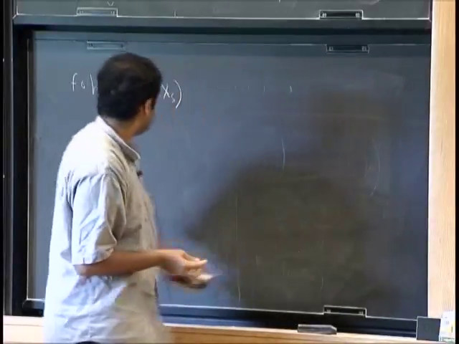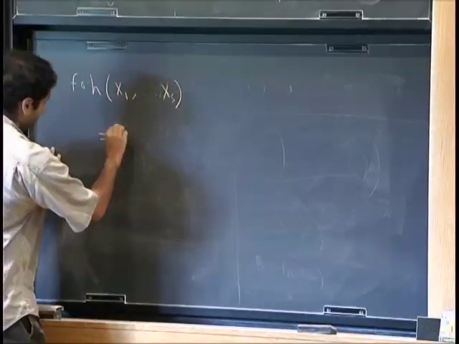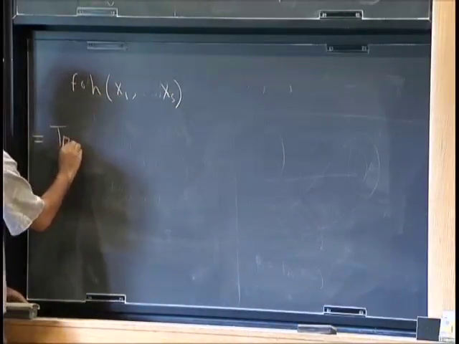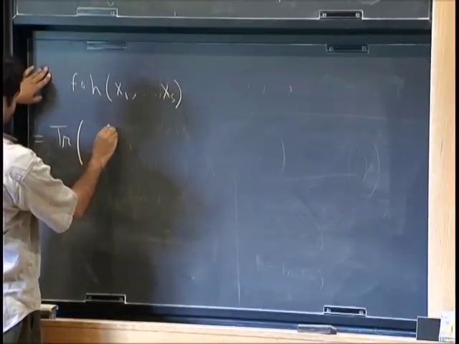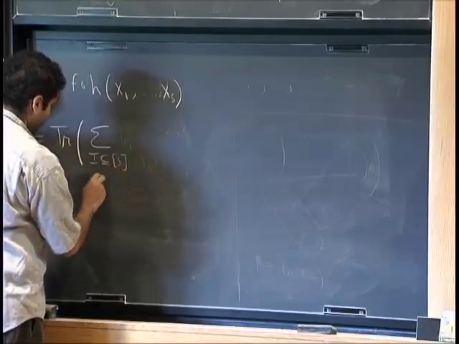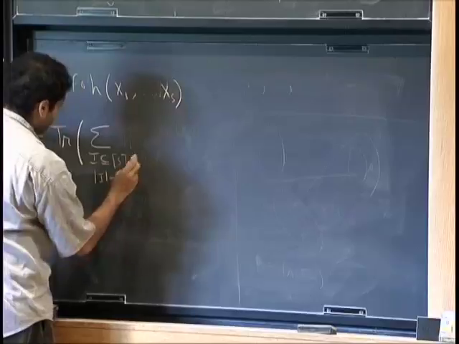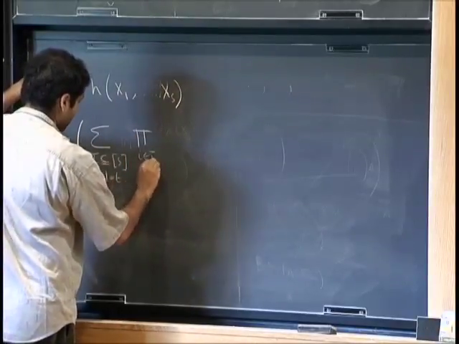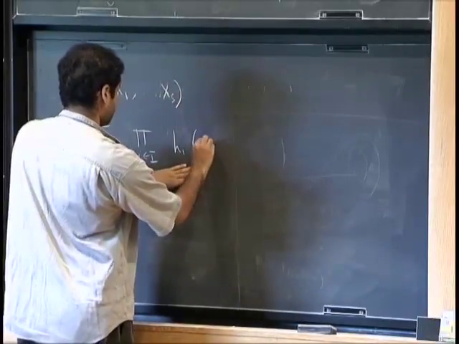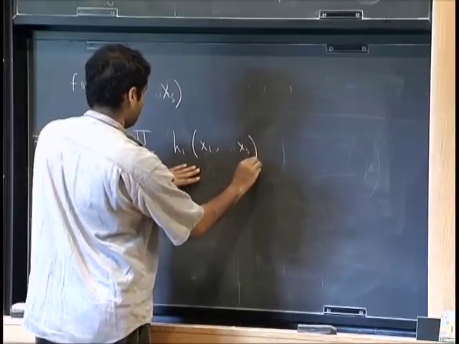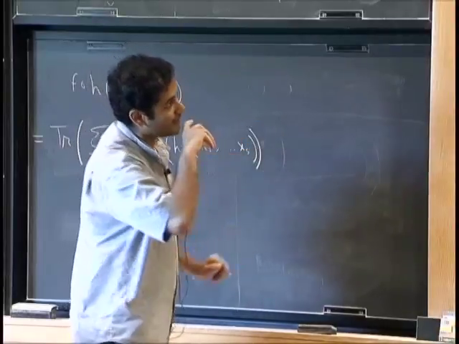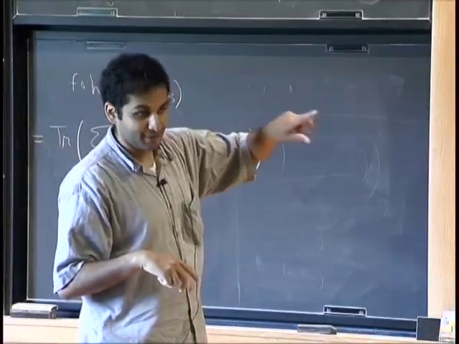Well, it's precisely the trace of the sum over all I contained in S, size of I equal to T, of the product over all i in I of hi of x1 to xs to the power something. And the something was 2 to the i plus 1 minus 1.